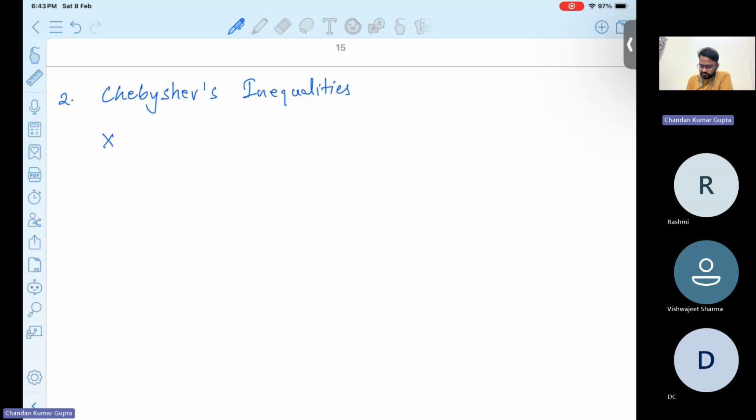So again, x is a random variable, and the expectation of x, which we usually denote with mu, and the variance of x, denoted as sigma square, exist.